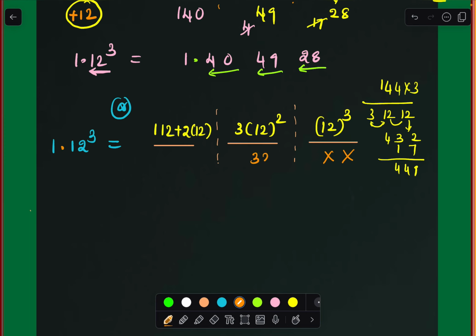I can write 32 and 4 carry, right? And here also 112 plus 24 is 136, plus 4 is 140. We place the decimal after 6 places, right? Base contains a decimal after 2 places, and 2 into 3 is 6 places.